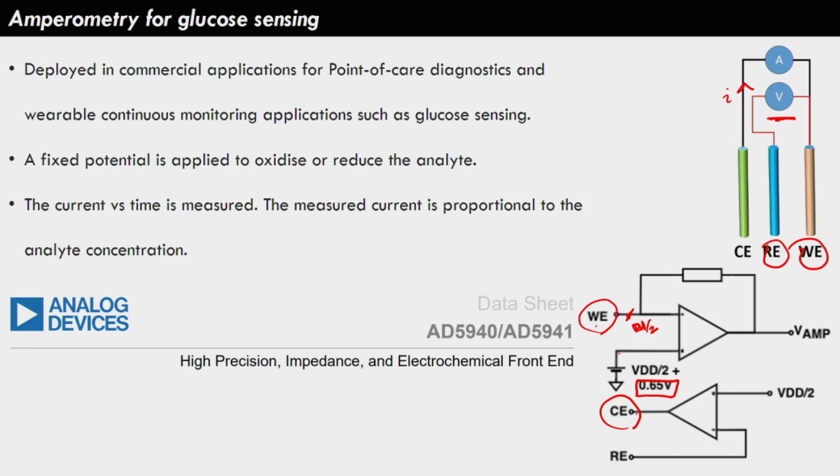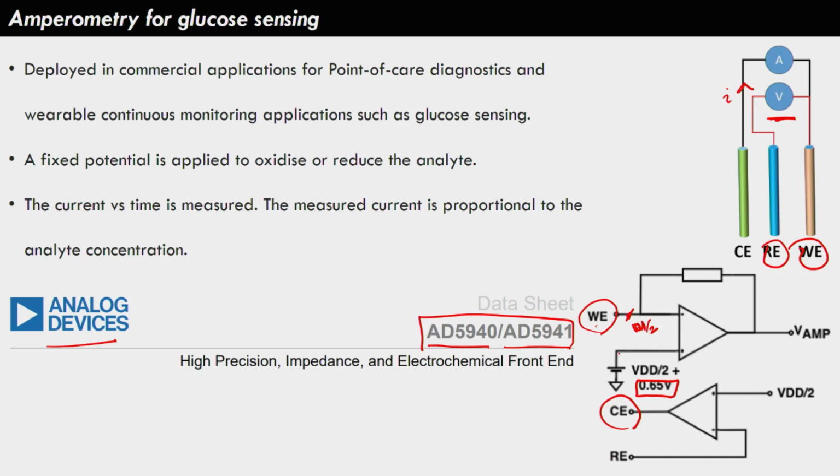But recently, around 2022, 23, Analog Devices released this chip, the AD5940 or AD5941. This chip you can use to make your own potentiostat.